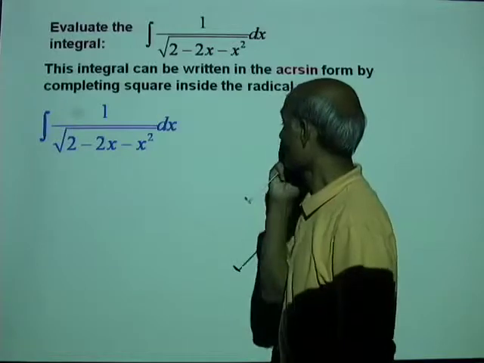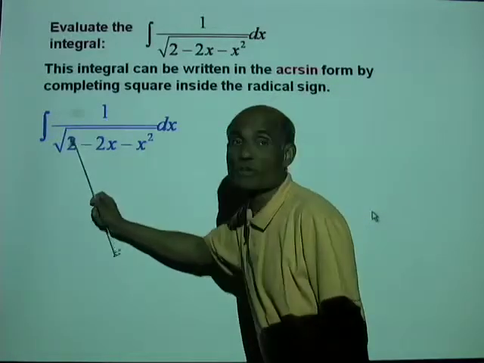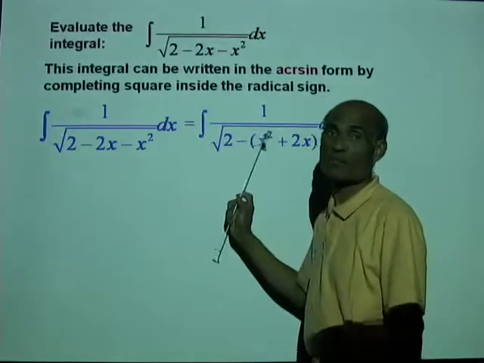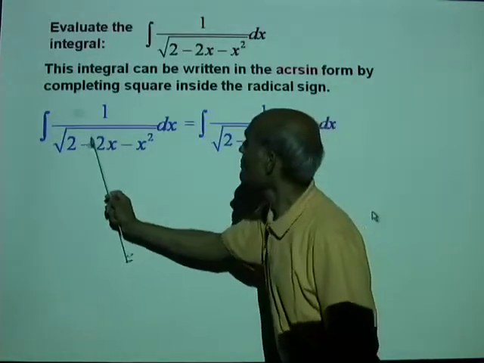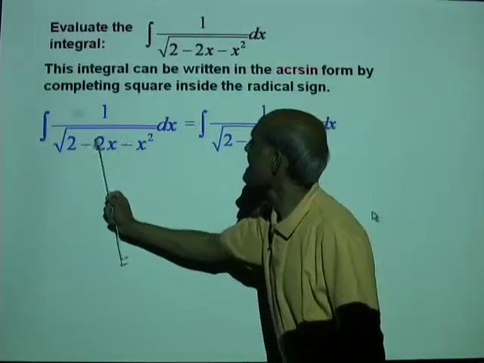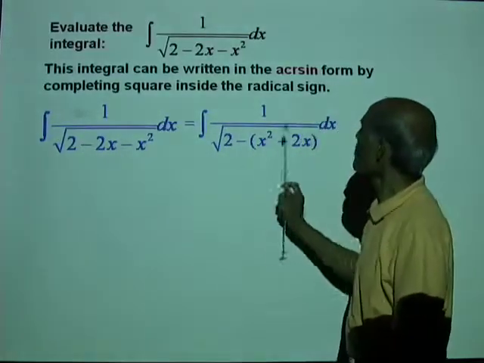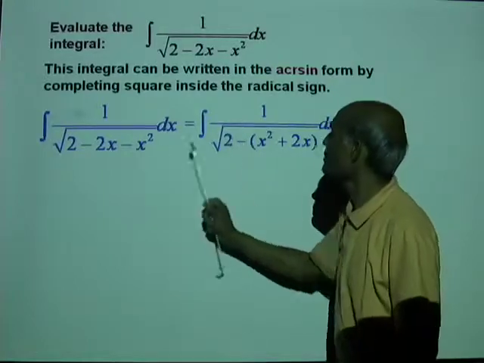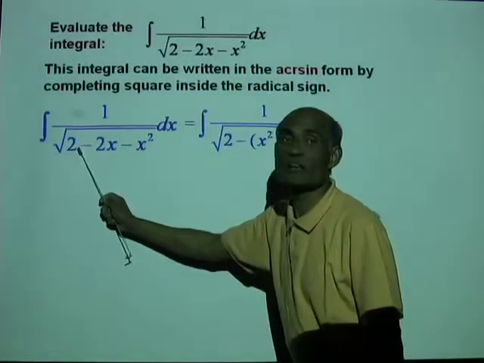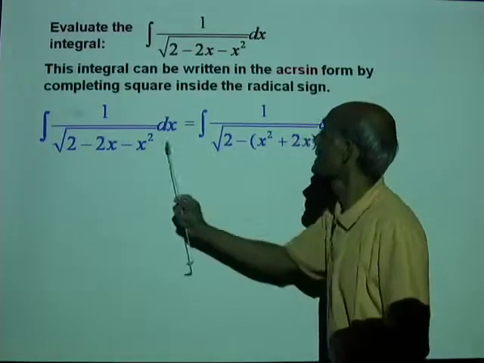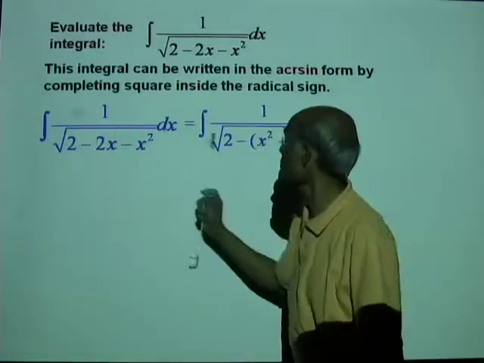Let's do that. So, what is this equal to? Inside the radical, we're going to complete the square. And look at the way I'm going to do that. First, I factored out a negative sign from there, and I wrote under square root 2 minus, after factoring the negative sign, I wrote x squared plus 2x with the negative sign outside.